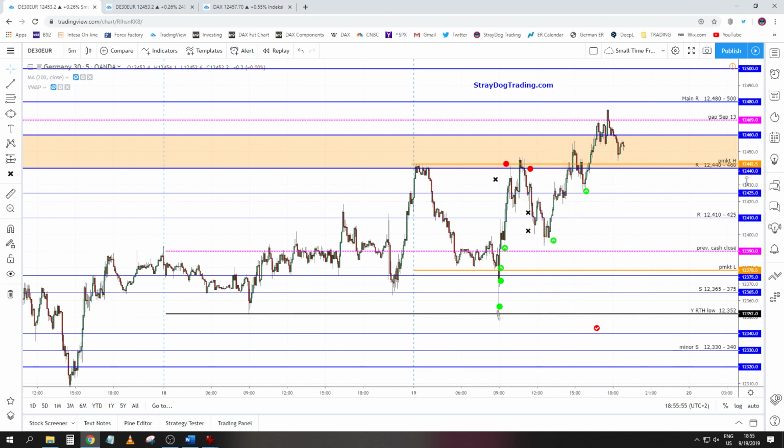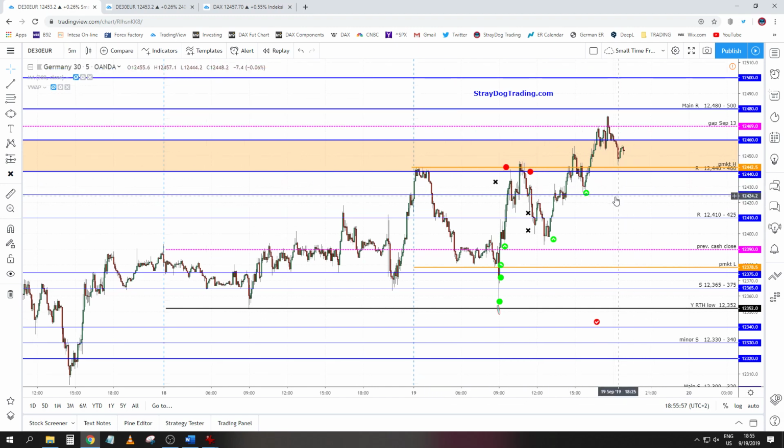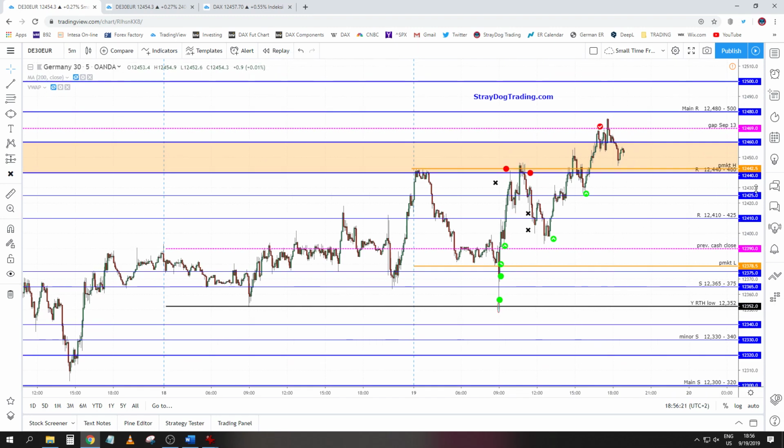So if you want to fade this, a zone was already tested here. This was the first and second test, which was a false break above the pre-market high setup. So not anymore selling of this zone. Now sellers, move your orders higher to fade this, and final trade could be this, fading the gap itself.